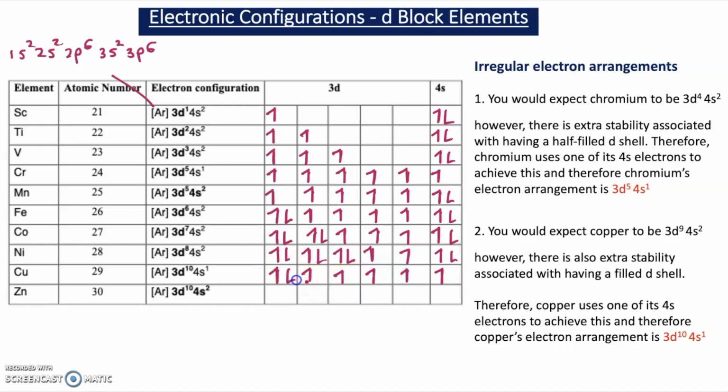And this is because there's extra stability associated with having a full d shell, just like there is with a half-filled d shell. And the last one is zinc, and that is 4s2 3d10. So again, I put them in singly, and then I pair the electrons up.